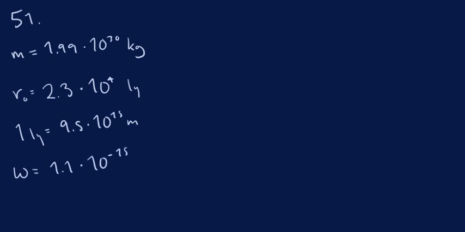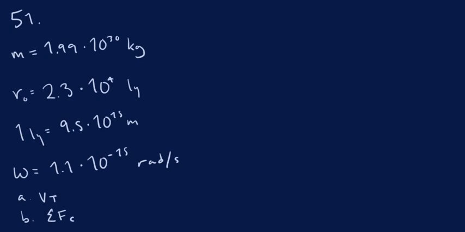Okay, so this is two parts. A, determine the tangential speed of the sun, and B, what's the magnitude of the net force that acts on the sun to keep it moving around the center of the Milky Way? So that's going to be centripetal force, because it's moving in a circle.